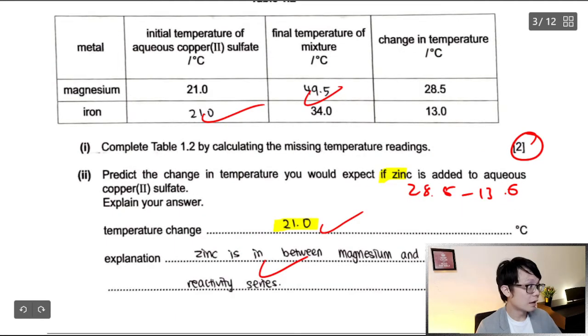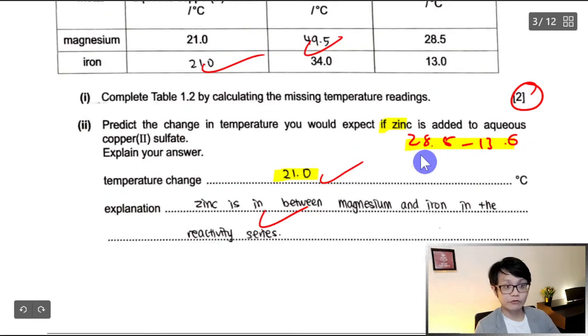Here also, 0.5 or 0.0. The answer scheme is anywhere around 28 to 13.6, up to you. Anywhere you choose, but the student did very well because 21 is almost in the middle between these figures. Explanation: zinc is between magnesium and the other one. So you get 1 point for this one.